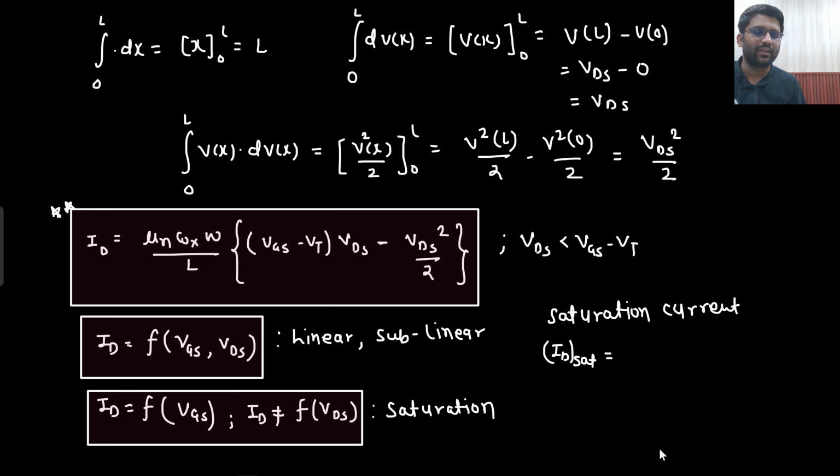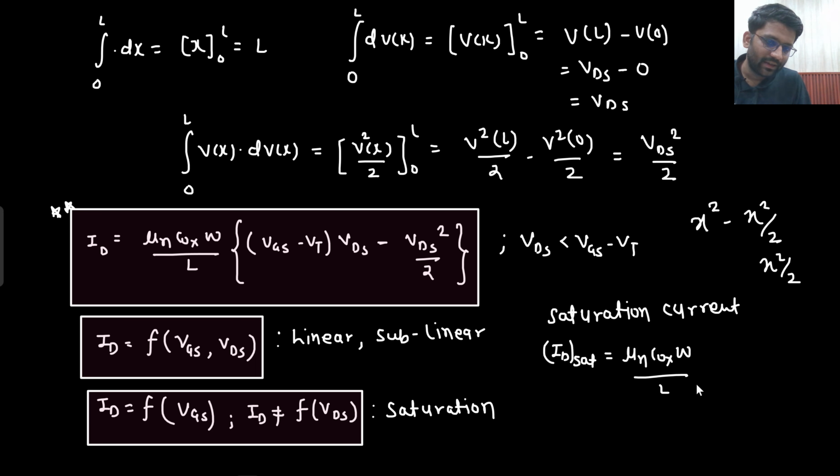So when your VDS is equal to VGS minus VT, you will attain saturation. So here in place of VDS you put VGS minus VT. This would become VGS minus VT whole square, and this would become VGS minus VT whole square divided by 2. Let us say VGS minus VT is x. So x square minus x square by 2. What would that become? x square by 2. So eventually your answer would come out to be mu n Cox W by L.